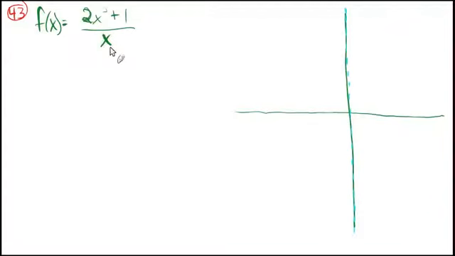We know that if we divide these two, we can write it as some other polynomial plus a little remainder. And since this is a linear factor, we're just going to go ahead and use synthetic division.